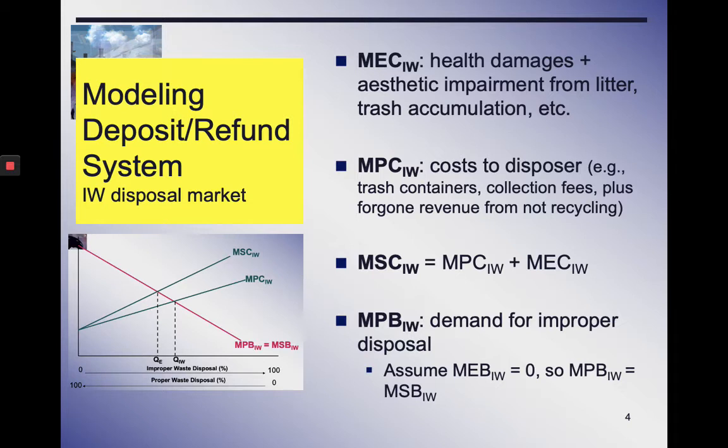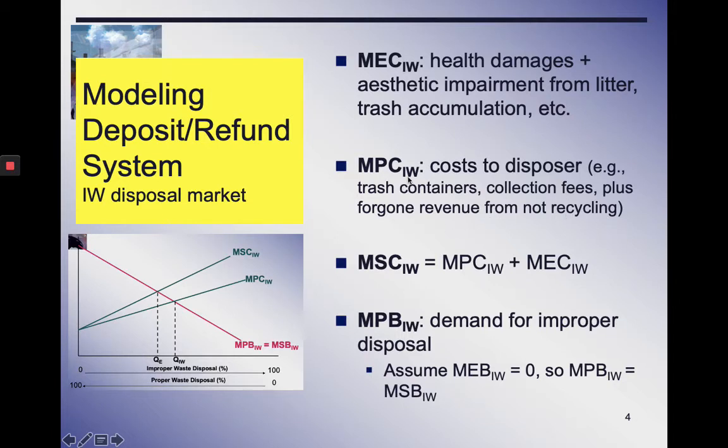There is also marginal private cost of improper waste. What is the marginal private cost of improper waste? It is the cost of disposal. The person who disposes improper or illegal waste also has cost, because you need to bring a lorry. If you are a firm trying to dispose of some of your waste, you will need trash containers, you'll probably need lorries, and if you employ the lorry and the lorry driver, you have to pay for collection fee and also foregone revenue from not recycling.